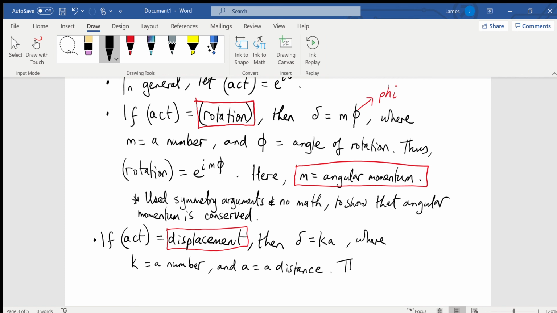Thus we could say that displacement is specifically e to the i Ka, and by doing so here, K is linear momentum.